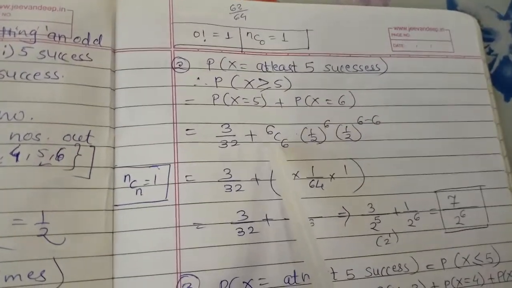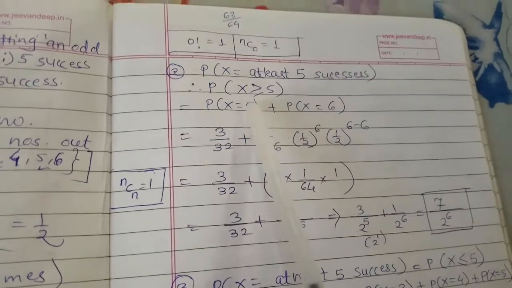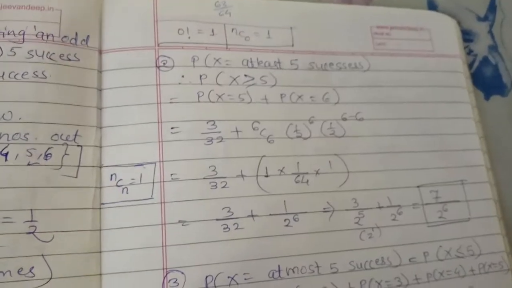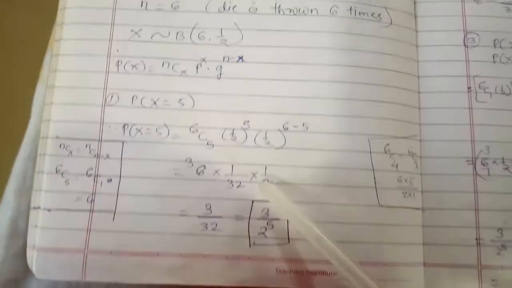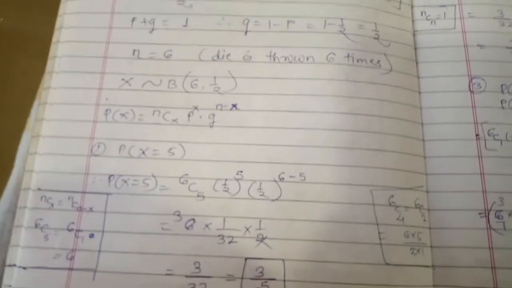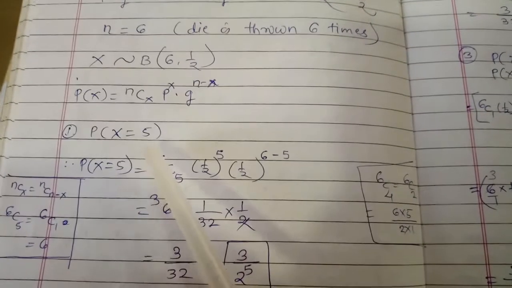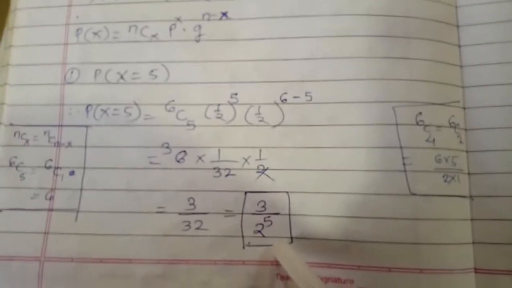Now we have to solve it again using the same formula. So we already found out the answer of x is equals to 5, that is 3 upon 2 raised to 5.